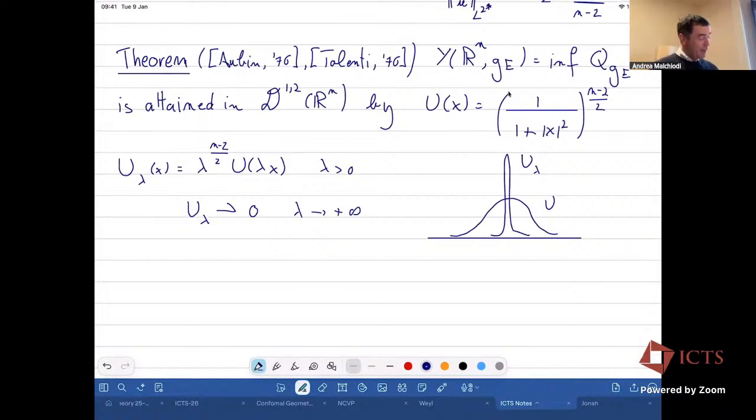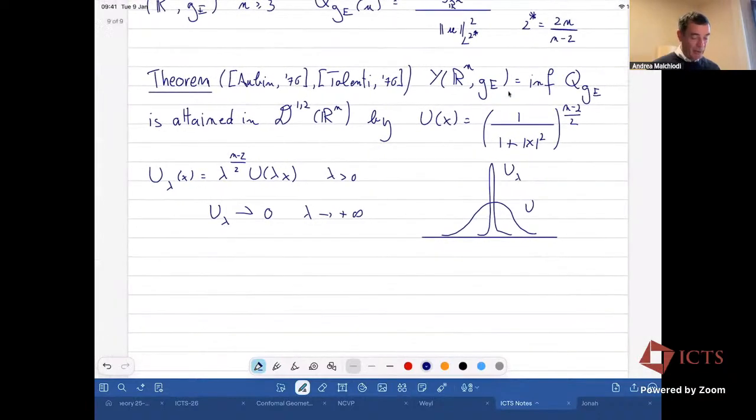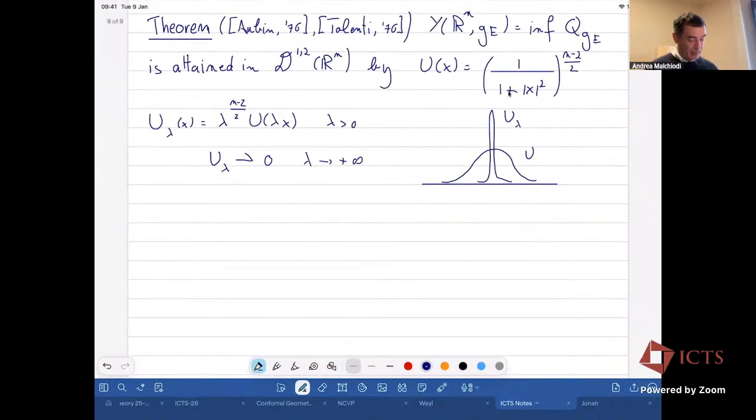Okay, so a consequence of this theorem is that you can understand the Yamabe quotient on the round sphere.